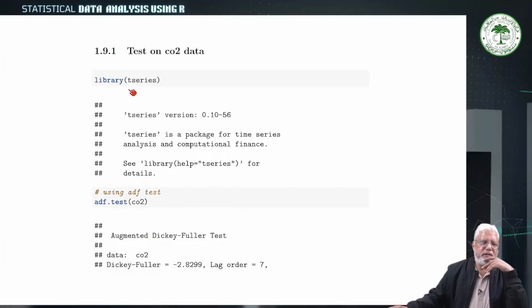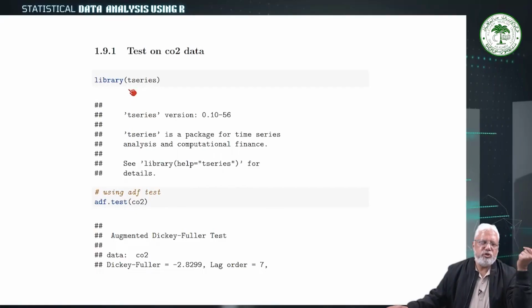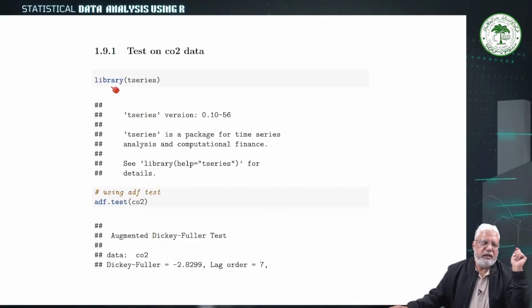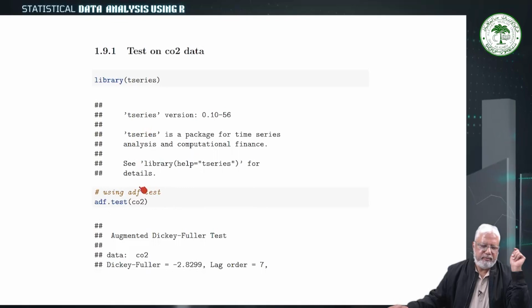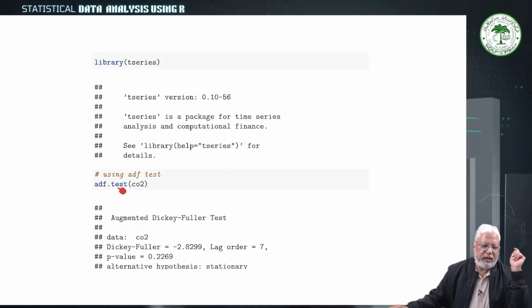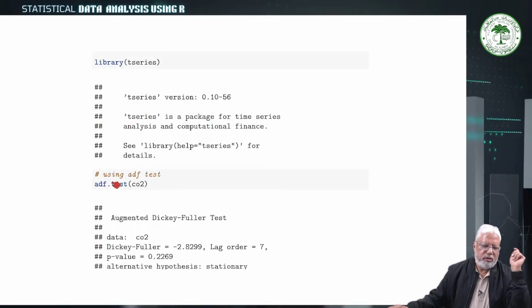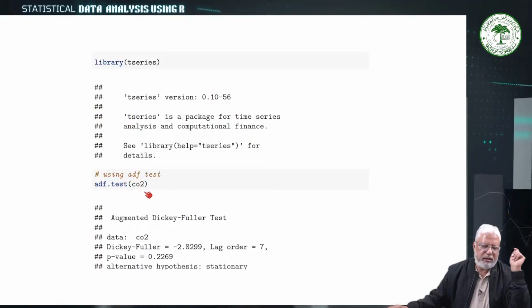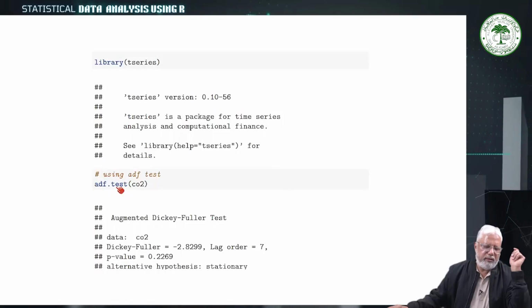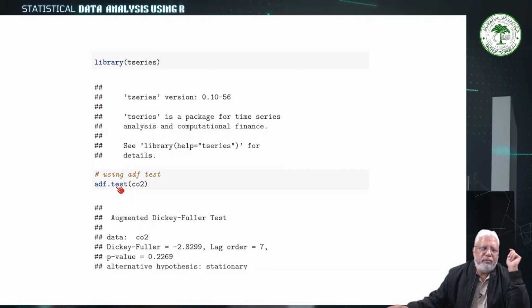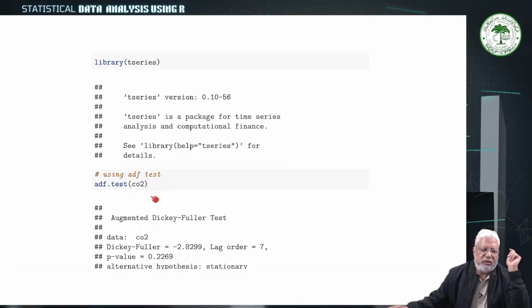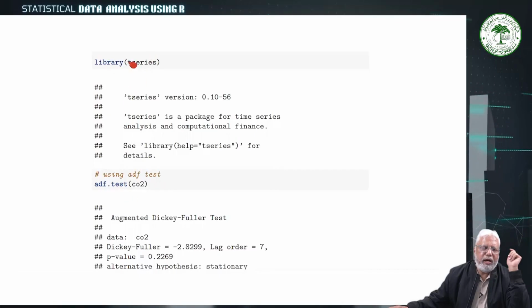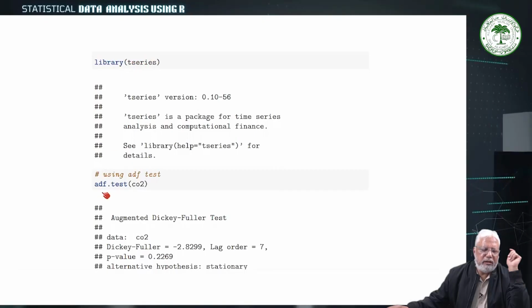So library tseries, because we need to install the tseries package, and then library tseries, and then adf.test on CO2, because this function adf.test is available with the package tseries. So that's why we have to require library tseries, and then we have to use adf.test.